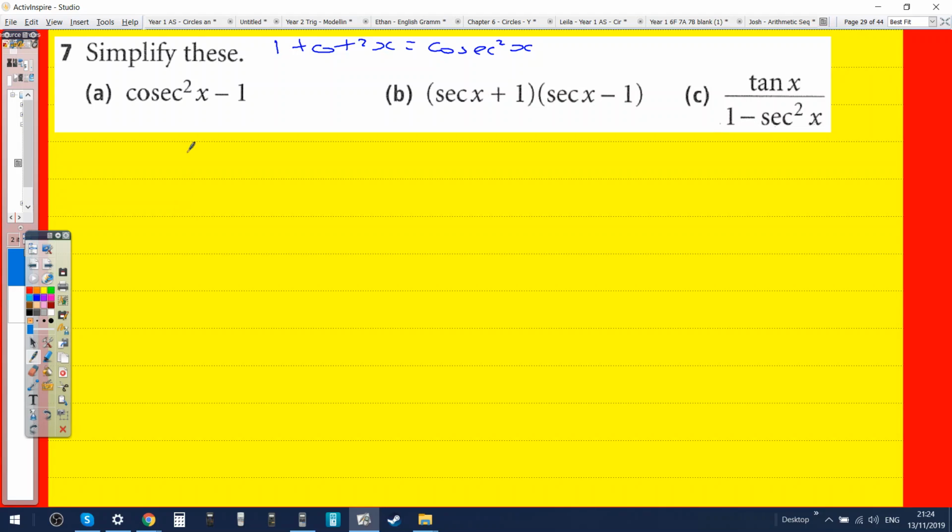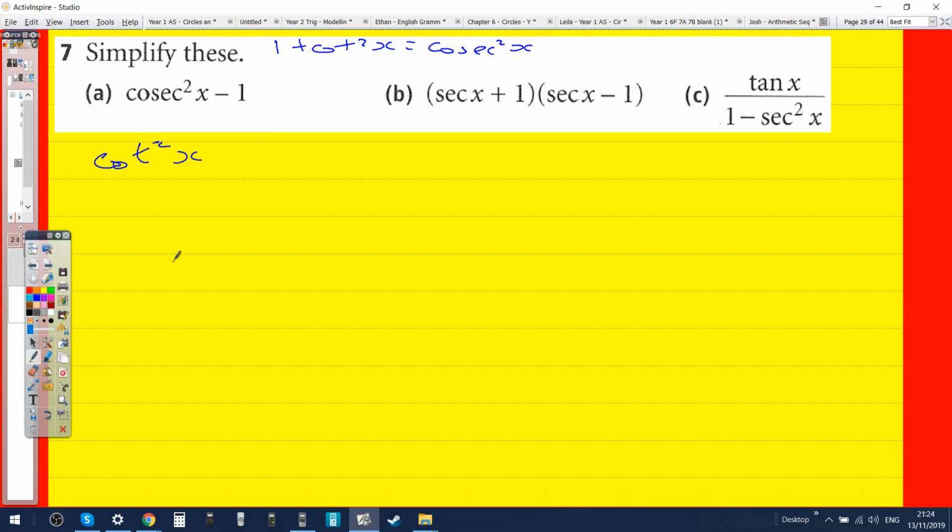When you have two things, you turn them into one. Yes. So if you rearrange that, it becomes cot squared x is equal to cosec squared x minus 1.